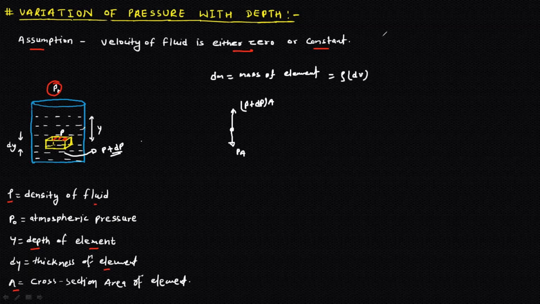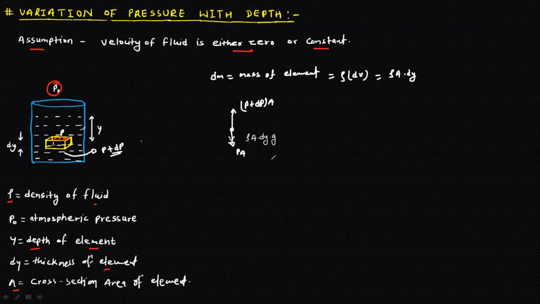The density is rho, and dV would be the cross-section area multiplied by the thickness, so dm is rho times A times dy. So the gravitational downward force will be rho A dy multiplied by g.